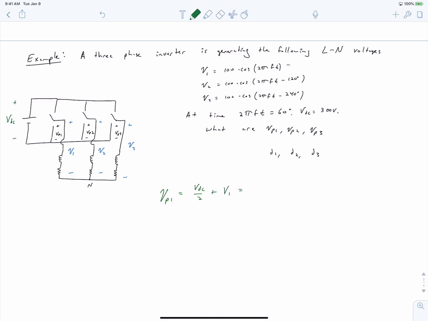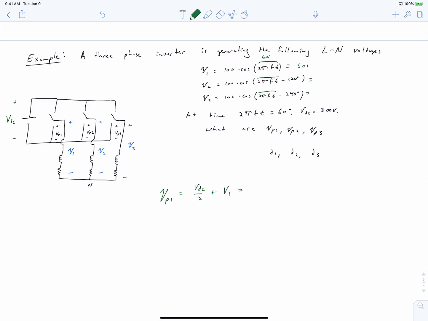And we can evaluate these expressions up here at the value. In this case, this is evaluated at 60 degrees. This one's evaluated at 60 degrees minus 120, so it's going to be negative 60. This is going to be 60 degrees minus 240. And if we do that, we get the following values.